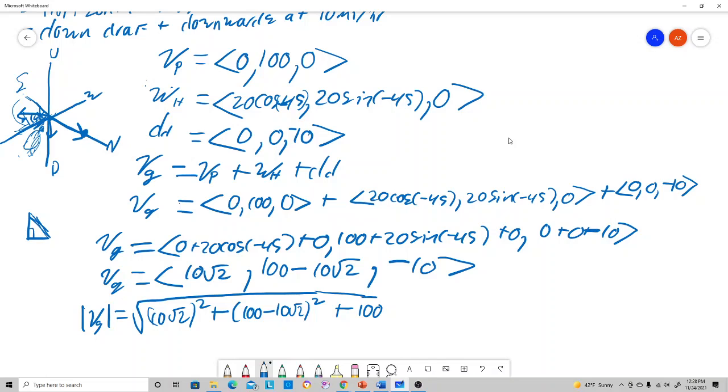So I'm just checking that everything is correct in the calculator. Okay, so that should be. So the average velocity of the plane is at 4.588 miles per hour.